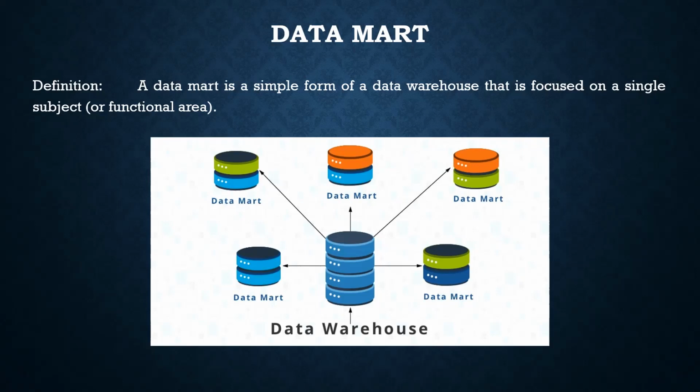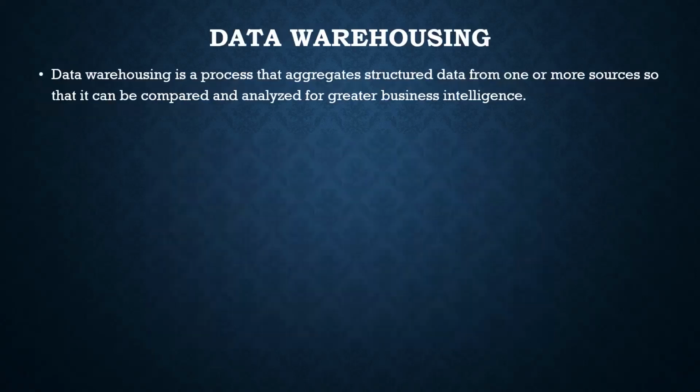Any subject, take any subject. So a data mart consists of the whole data related to the subject. We are going to have different subjects, so the data warehouse can be divided into different data marts. That is, data marts are smaller units of the data warehouse. That is what a data mart is.